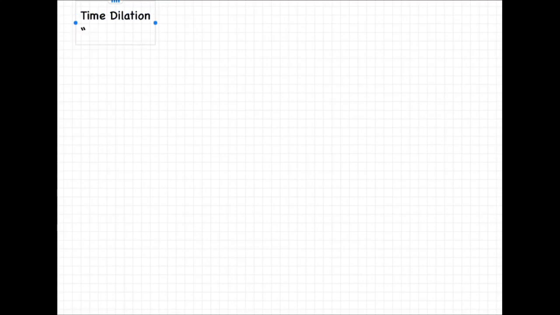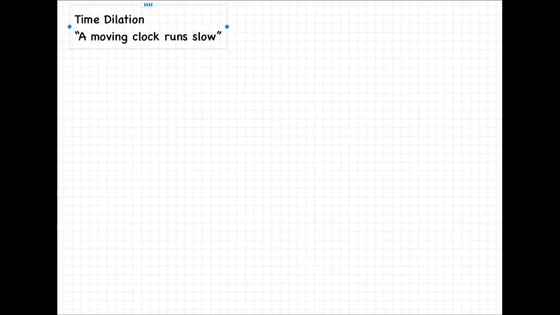It's commonly referred to as a moving clock runs slow. Now that's a fairly apt, simple way of remembering it, but we'll explore why it can also be a bit misleading in a moment.